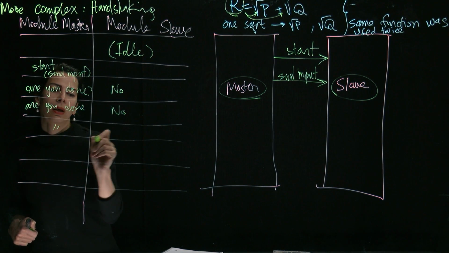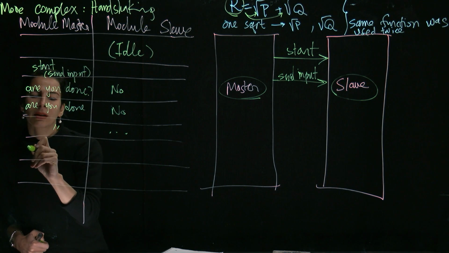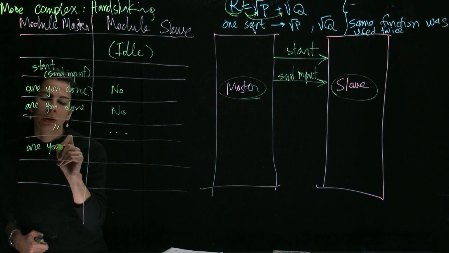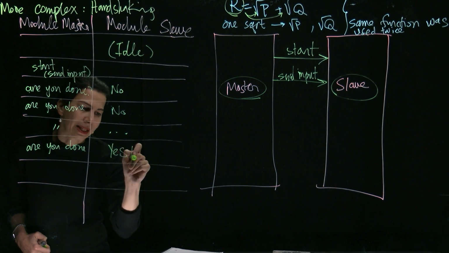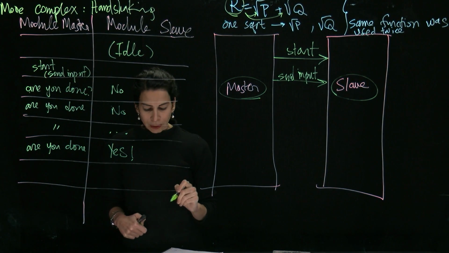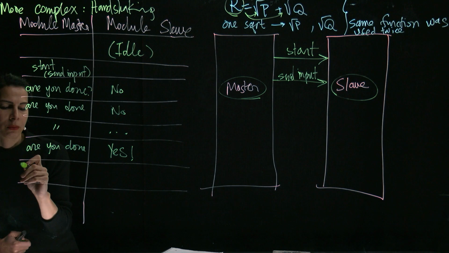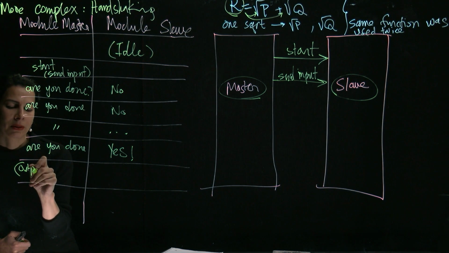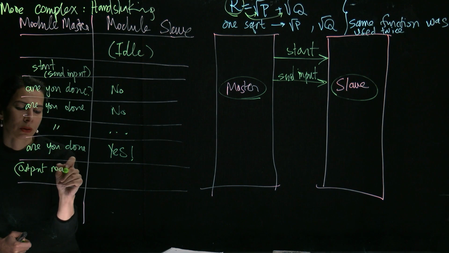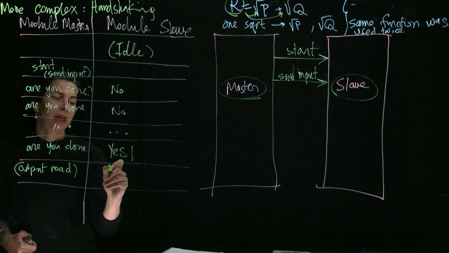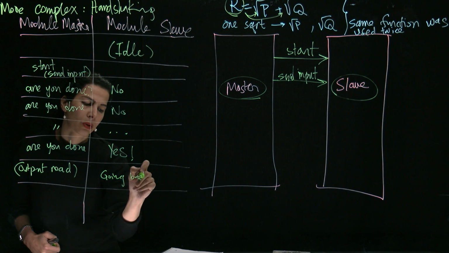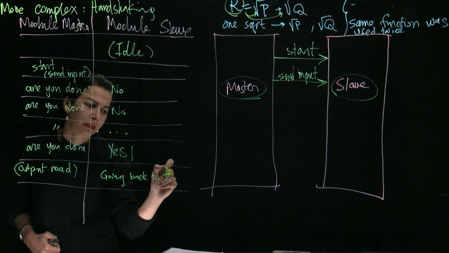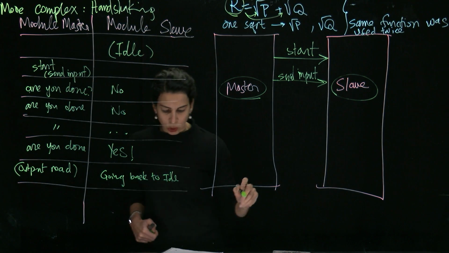No. And then at some point I ask, are you done? And the slave says, yes, I'm done. Once this happens, the output is read because it is a valid output, and then the slave goes back to the idle state.